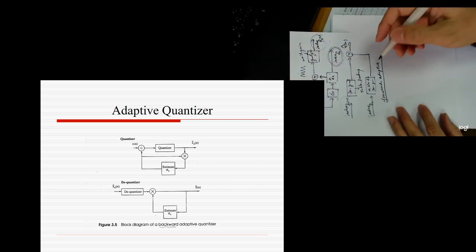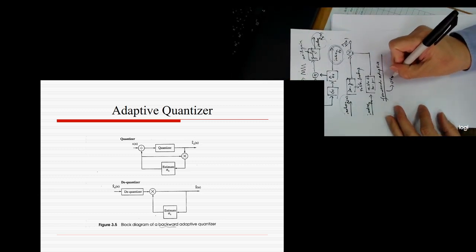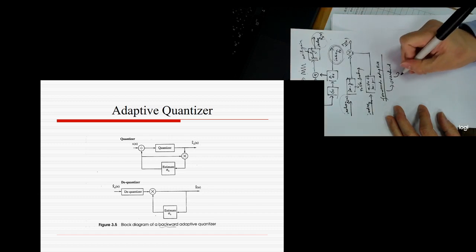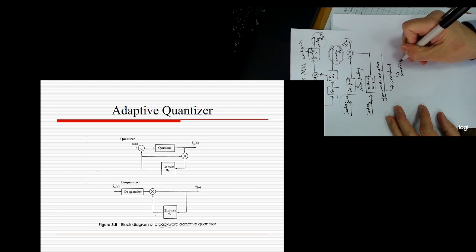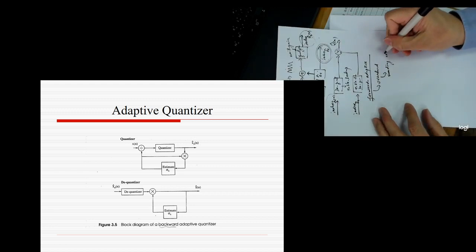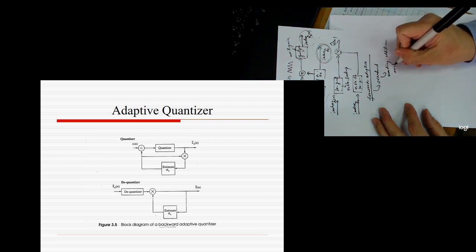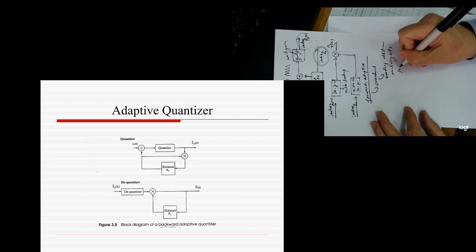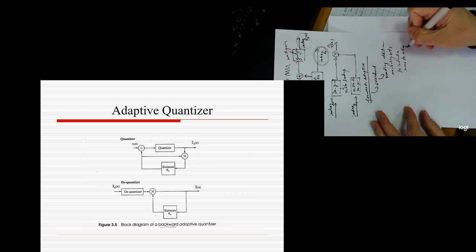So forward adaptive, you have overhead to send additional index, additional encoding bits, to indicate how to do adaptation.